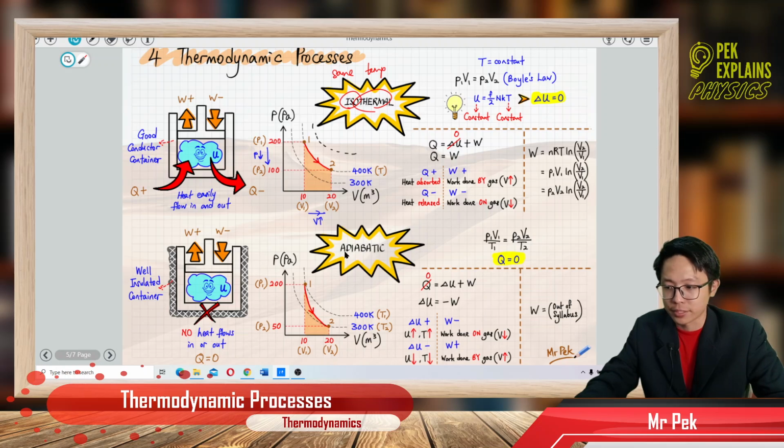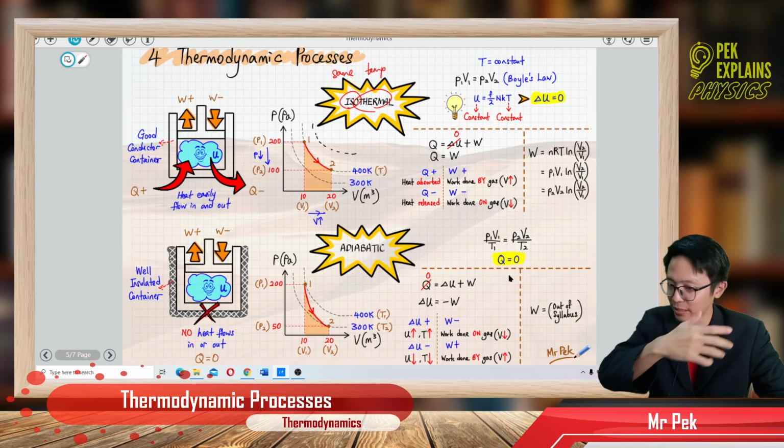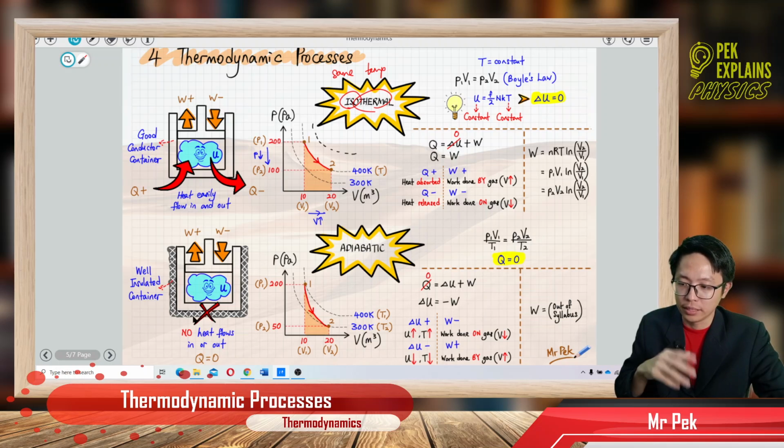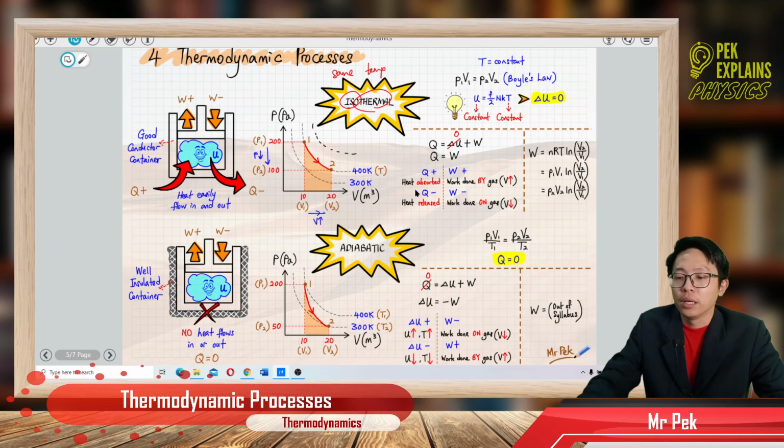But an adiabatic process must use a well-insulated container, which means no heat flows in or out. Heat cannot flow through. That's why for an adiabatic process, the heat is 0.